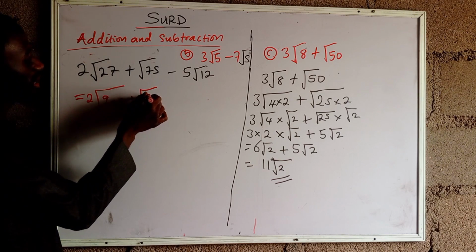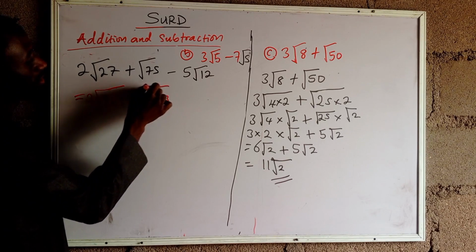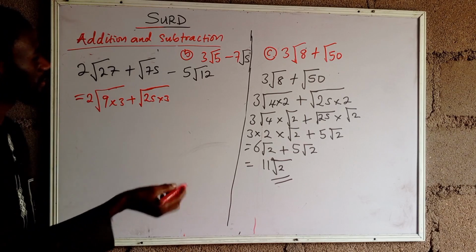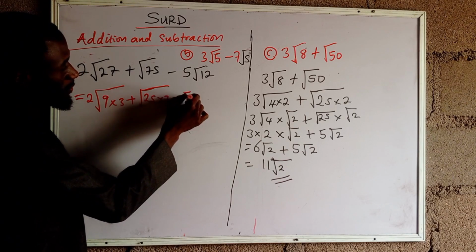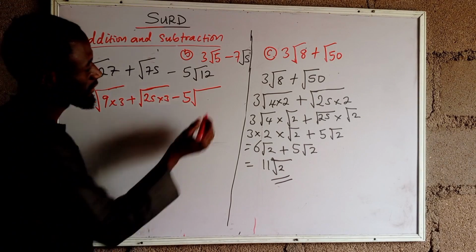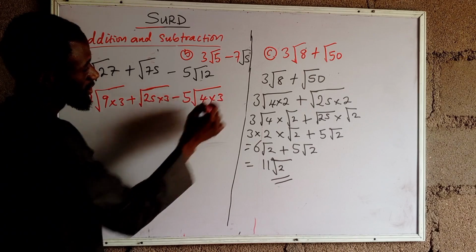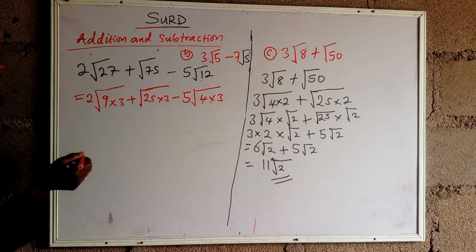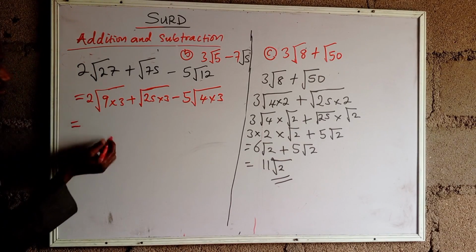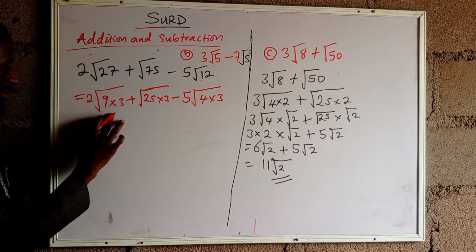We can simplify as 25 times 3. Okay, then minus 5 root 12. You can simplify this one as 4 times 3. Then the next step, you can simplify the square root of 12 here.